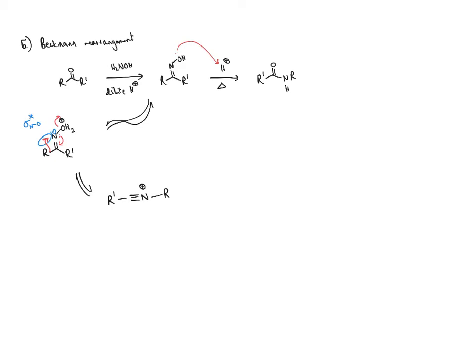Now at this point, this intermediate is very electrophilic, and so water, which was liberated in this reaction, can of course come back and attack that carbonyl-like carbon, and it's going to generate an intermediate that looks like this. We can, of course, become a neutral species.